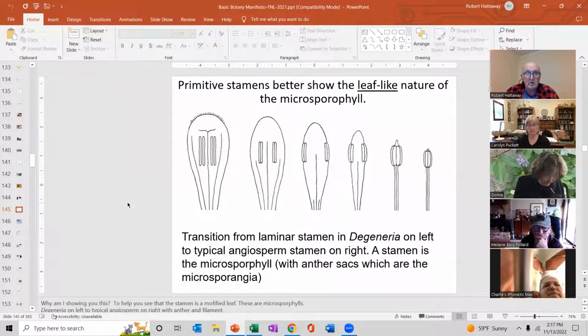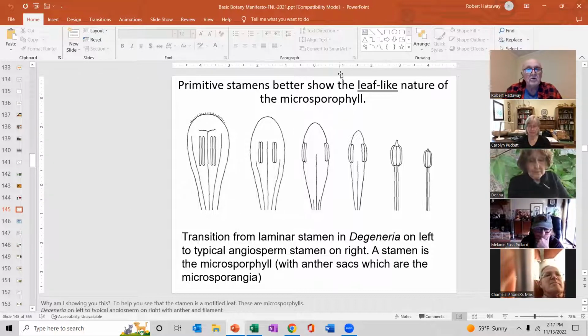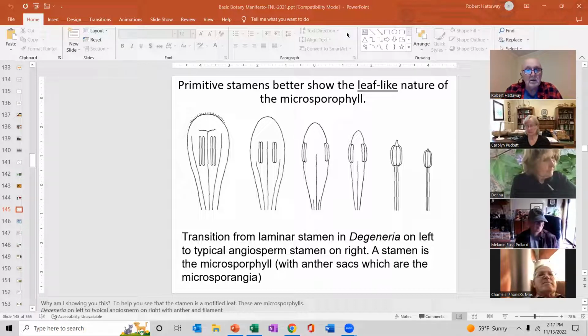These are drawings of a primitive stamen situation in the angiosperms. Degeneria is a primitive angiosperm with a laminar stamen. Wait a minute, I can't see it unless I do this. Let me do the annotate thing. Spotlight, I think it is. Okay.